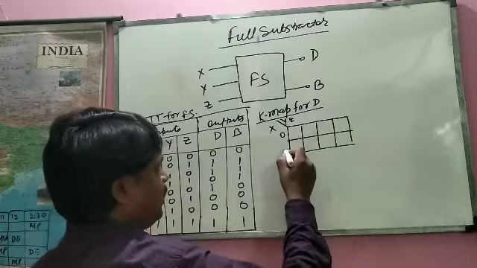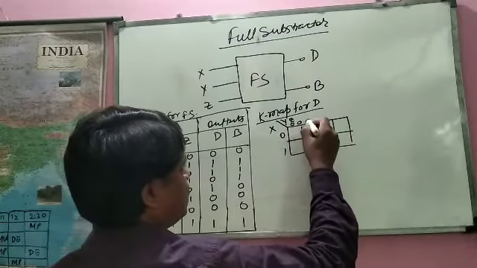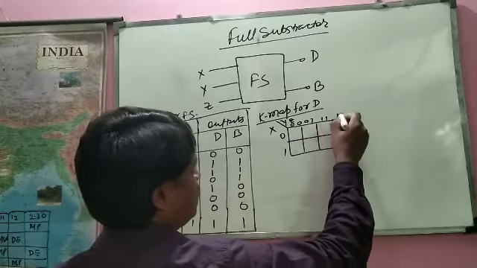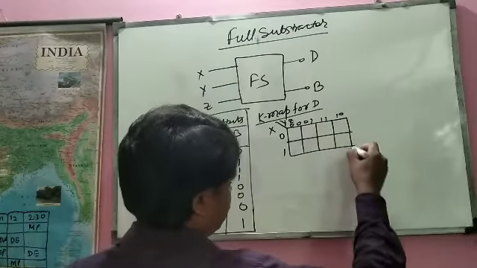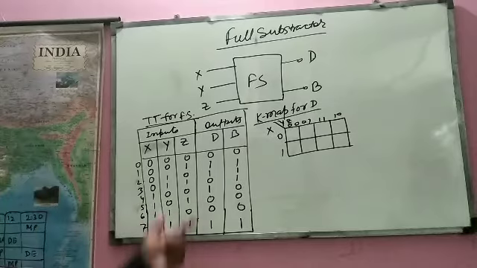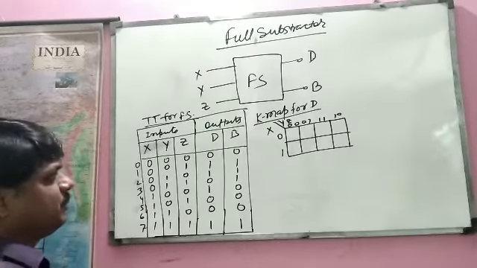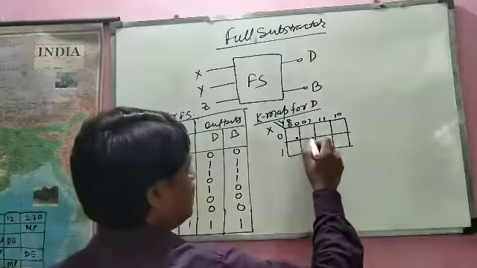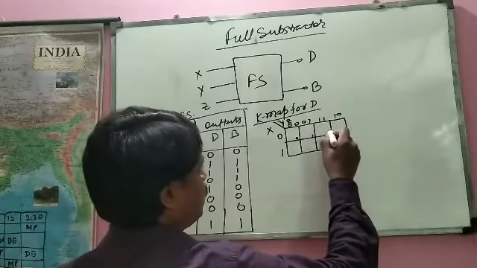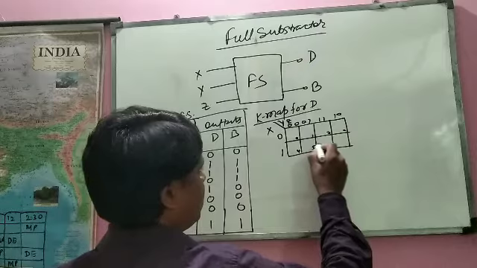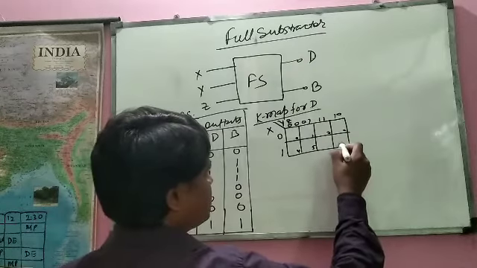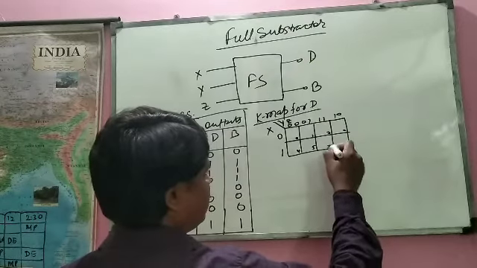So this is 0 and this is 1; 0 0, this is 0 1, this is 1 1, and this is 1 0. Okay, so it is very easy. 0, 1, 2, 3, 4, 5. Here it's reversed, so it is 6 and 7.